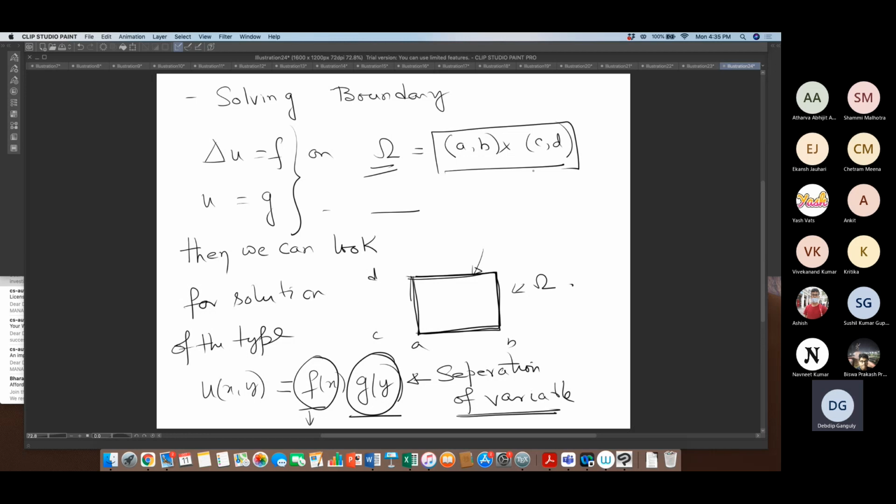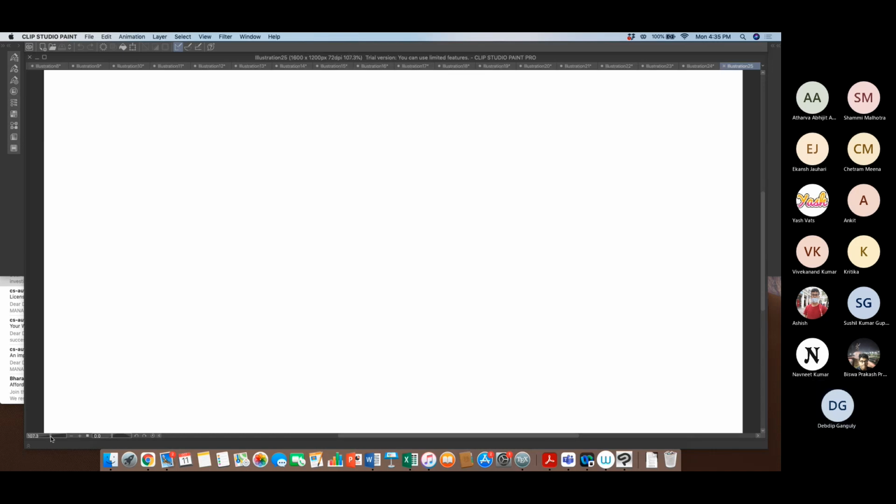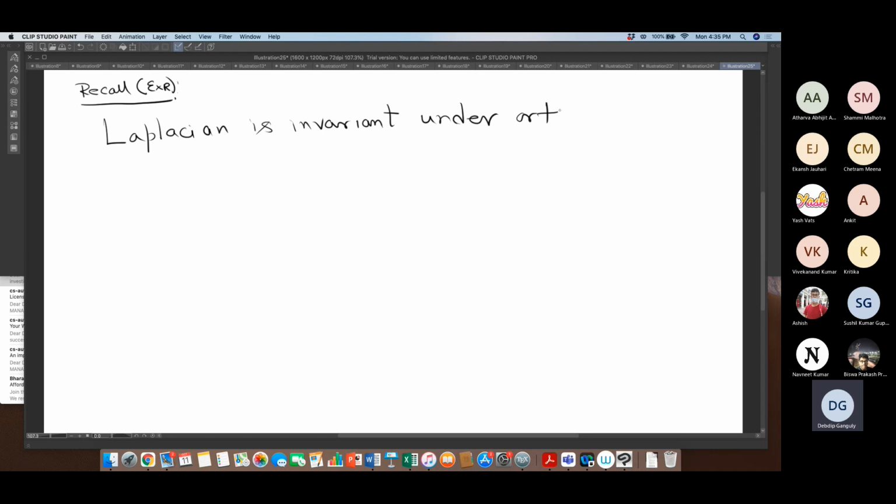Now let me go for another symmetry. Just recall an exercise I have given in the tutorial sheet assignment: the Laplacian is invariant under orthogonal transformation. You have done this, right? Yes or no?